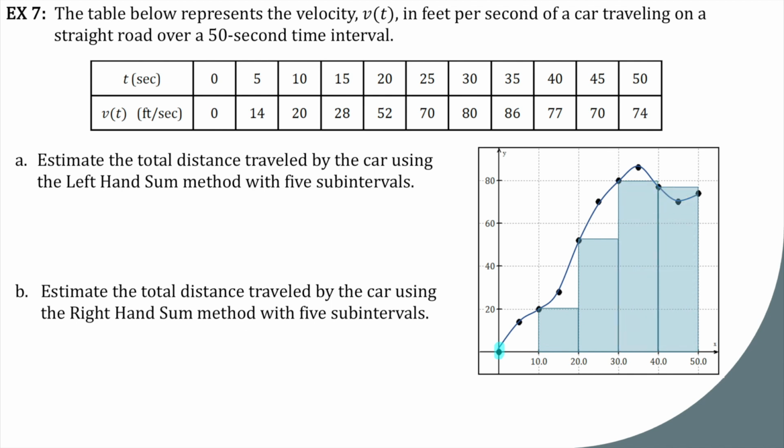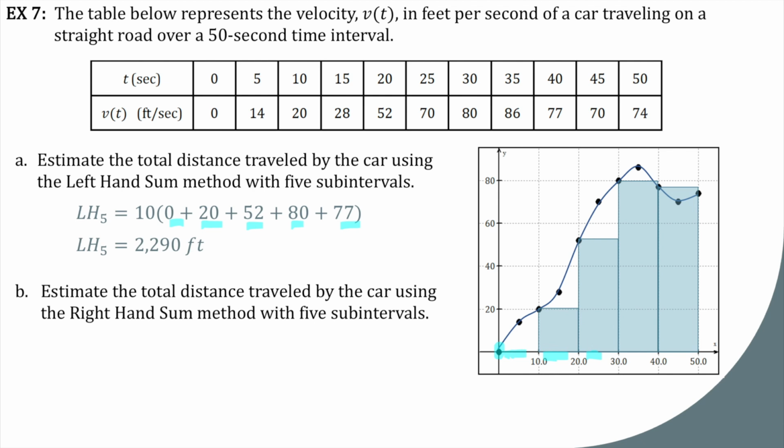And then the last one, at 40, hits at 77. If we want to find the area, the base for each rectangle is 10, and then we just add each of the heights together. So 2,290 feet. That's how far the car went.